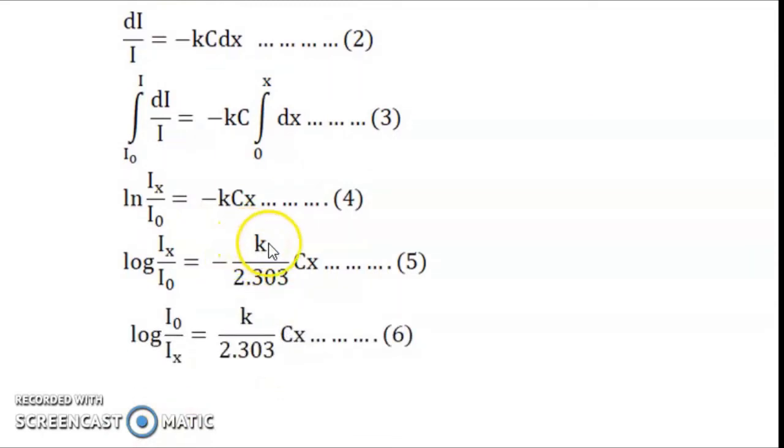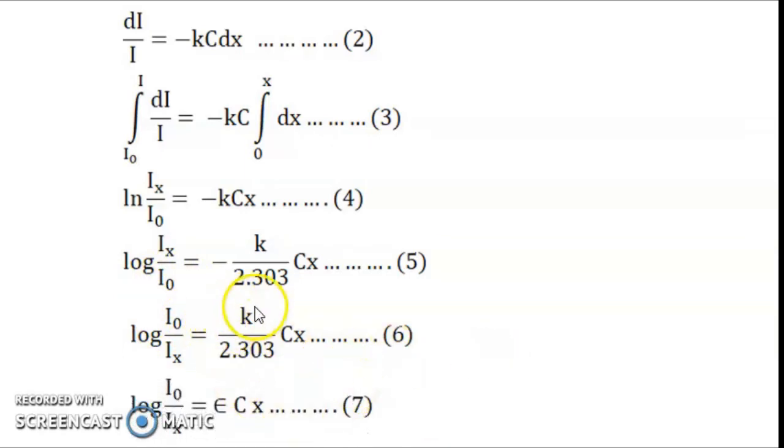Now minus K by 2.303, if you want to remove the negative sign over here, take the reciprocal of the left hand side. You get log I0 by Ix is equal to K by 2.303 Cx.